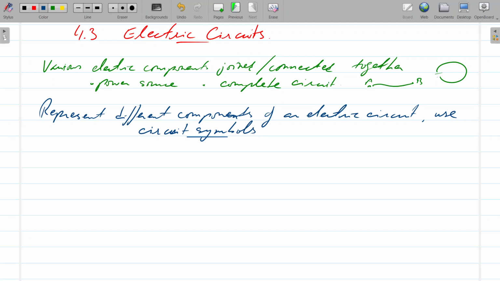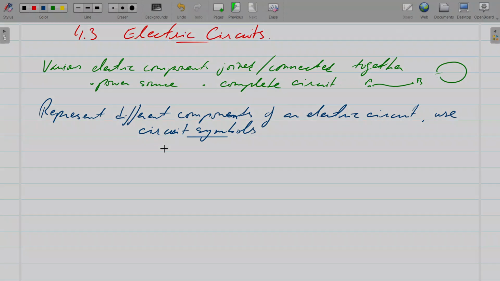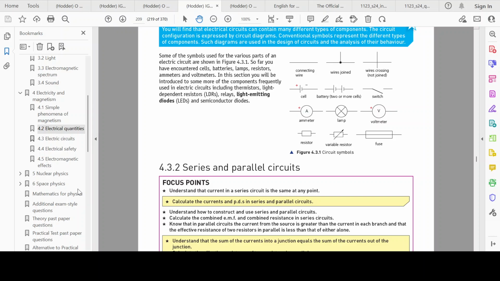Now, for the circuit symbols, for the ones that we need to know, and others as well that will come later on, some of them are introduced at the start of this chapter, so I'll show them to you instead of having to draw them all on the whiteboard. There we are.